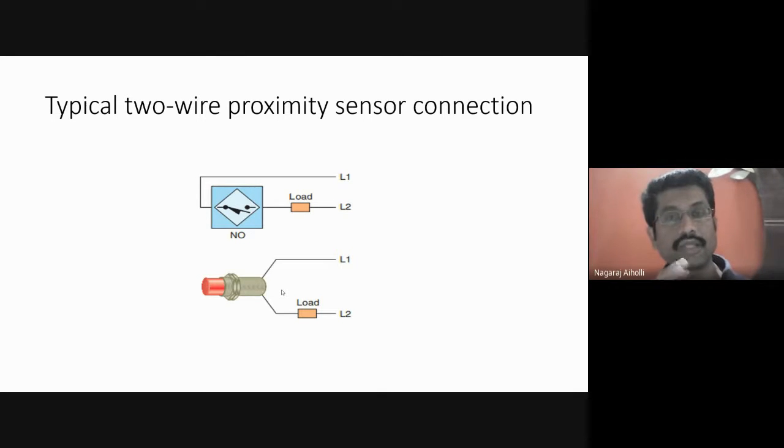Hence, to keep the proximity sensor active, some current should flow through it even in the off state. This current which flows through the sensor in the off state is called leakage current. It is very small, hardly 1 or 2 milliamperes.